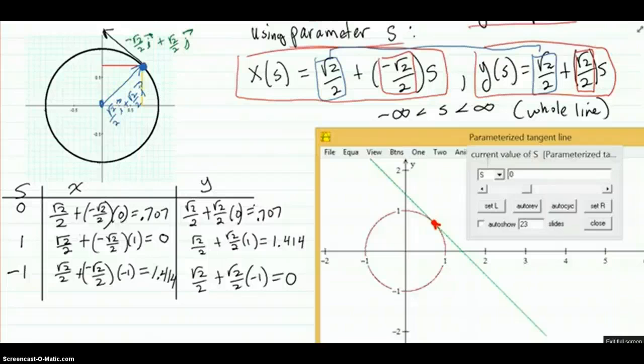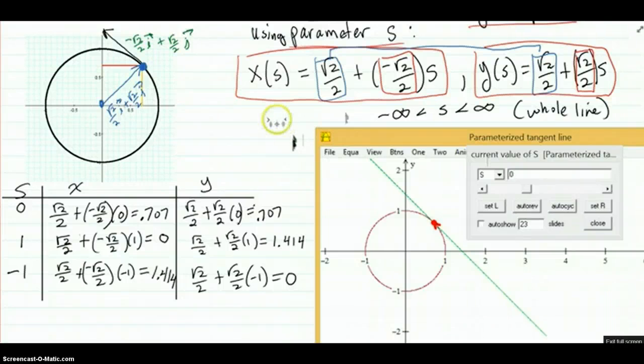The y value, according to the y equation, should be square root of 2 over 2 plus square root of 2 over 2 times 0, which is 0.707. Sure enough, when your s is 0 over here in the animation, the point you're at is square root of 2 over 2, comma, square root of 2 over 2.